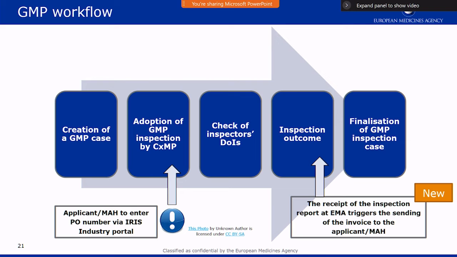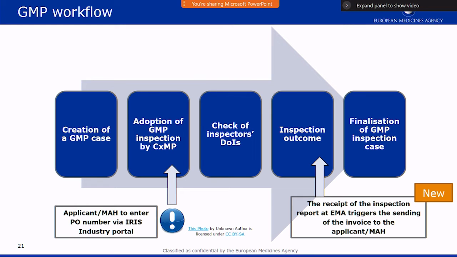Once the responses from the inspectee have been received by the inspection team, they will finalize the inspection report and provide it to EMA. Once EMA receives that inspection report, we will put in IRIS whether the report is valid, whether there is a clear conclusion of the report.